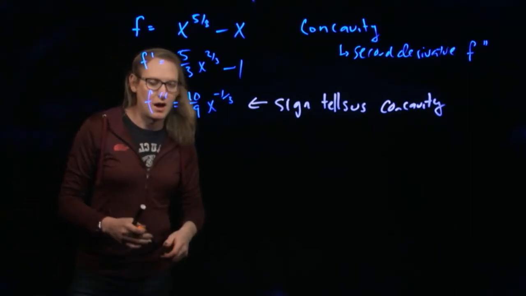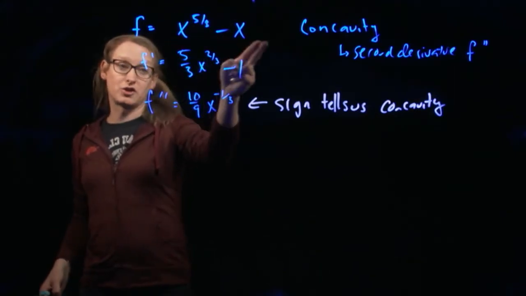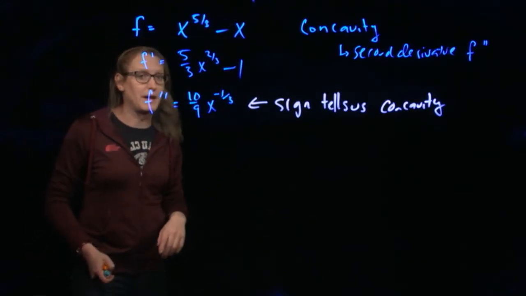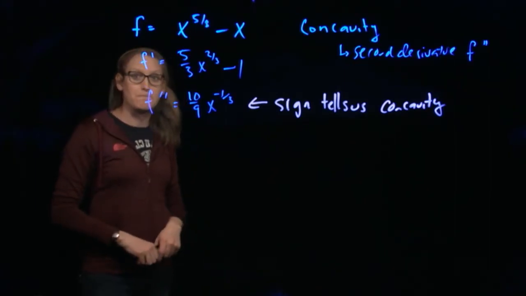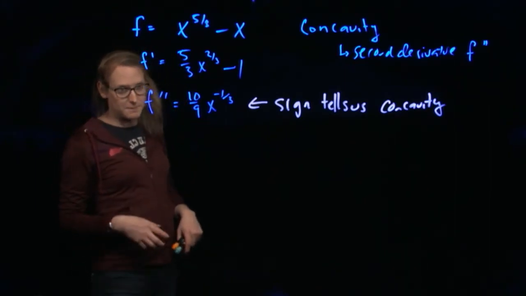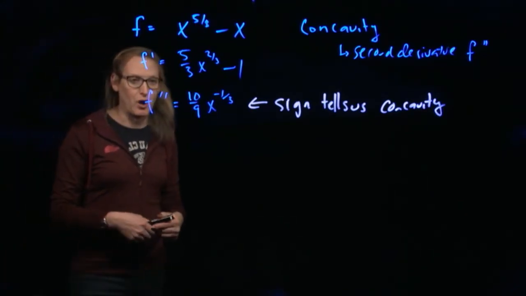Okay, so what we want to do is break the domain of this function, which is all real numbers, up into intervals over which the function might have different concavities. And those are going to be witnessed by our function f double prime.